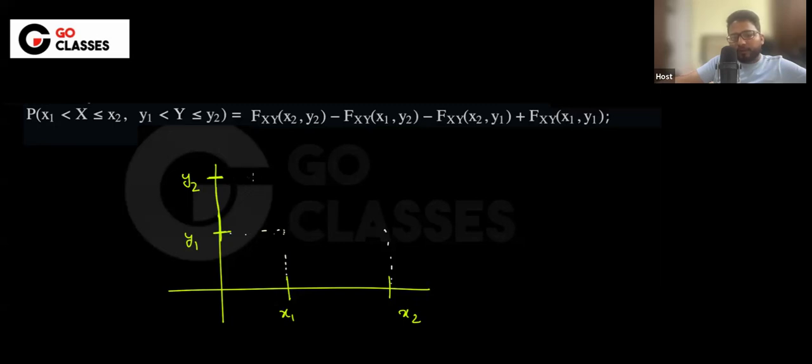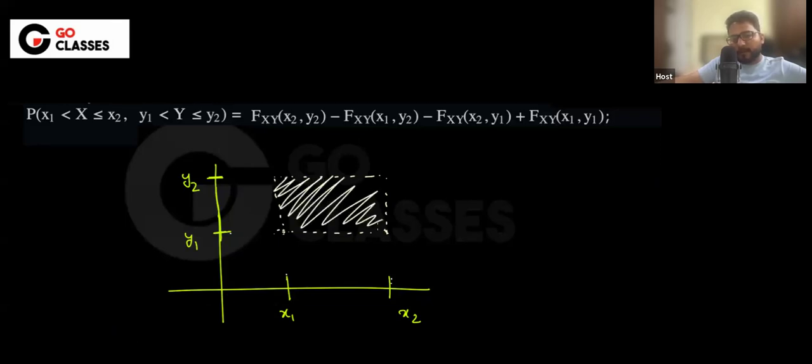In which dimension will the graph of the joint CDF be? Is this the graph of the joint CDF? No, this is just a region. The graph of the joint CDF will be in 3 dimensions, with one more axis telling you the joint CDF value. Let's not worry about it, but we are interested in this particular region.